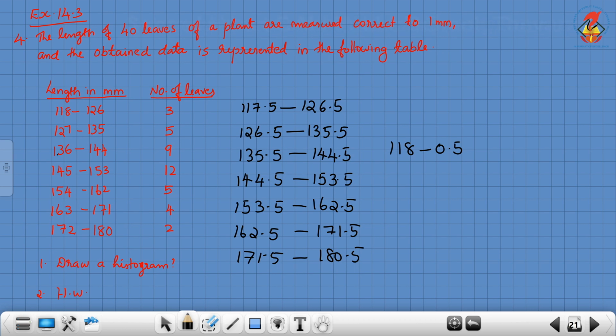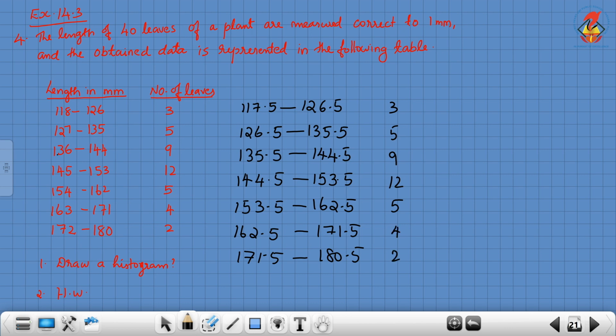The frequencies stay the same: 3, 5, 9, 12, 5, 4, 2.